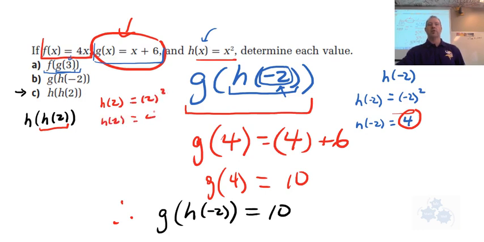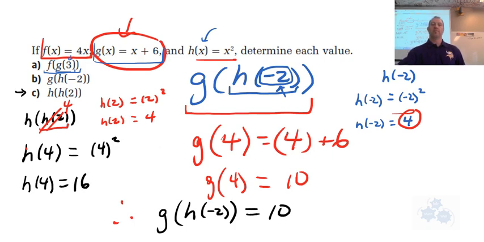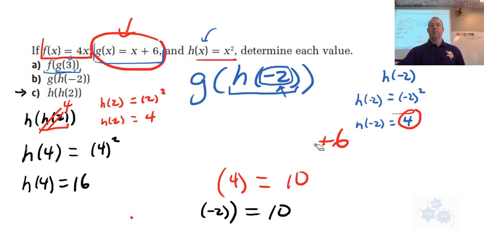So h of 2 equals 4. So now I know that this is 4. Now I evaluate h of 4. Okay? And h of 4 is 4 squared. So h of 4 is 16. Now, does everyone see that?